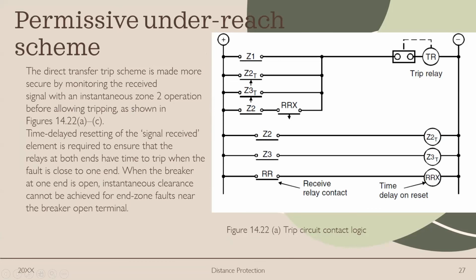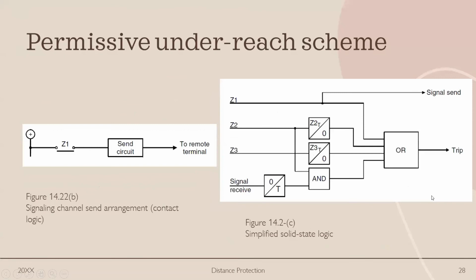And we can see right here the receive relay contact and the time delay on reset. We see the signaling channel send arrangement, and of course, simplified solid state logic for the permissive underreach scheme.